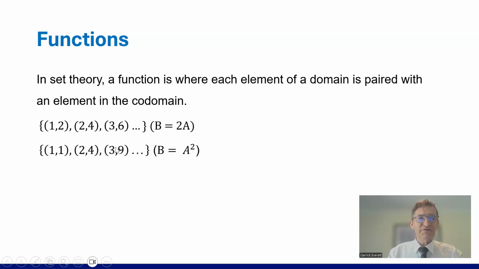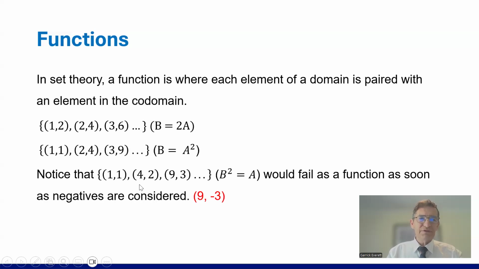You can't get a different value over here for that 3. So let's compare that to if we do 1, 1, 4, 2, 9, 3, then you've got b squared equals a, which fails as a function as soon as negative is considered because now you've got 9 and 9. So you can't have the same first number for it to be considered a function within a domain. And really that's the similarity between graphs and set theory.